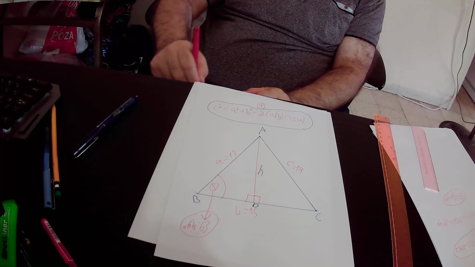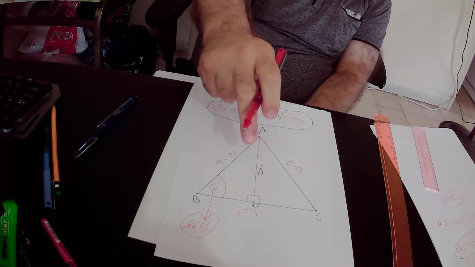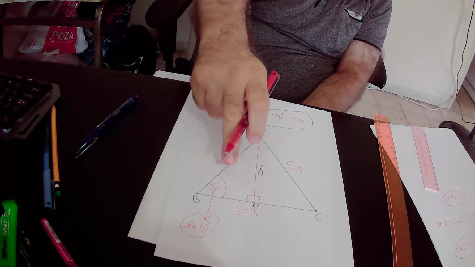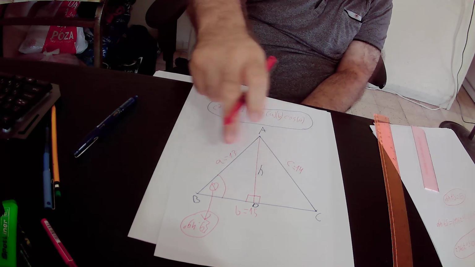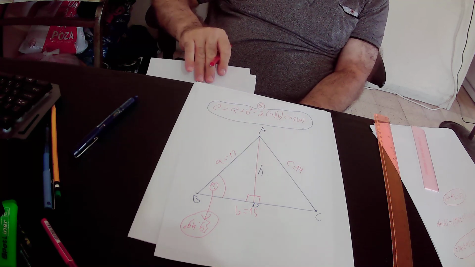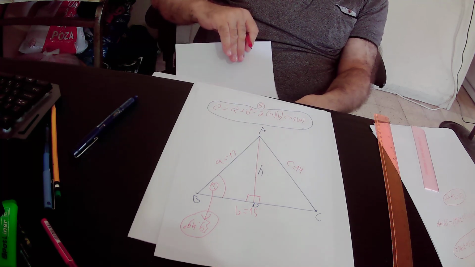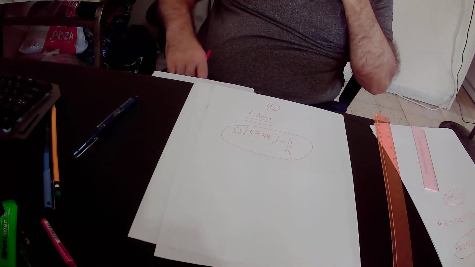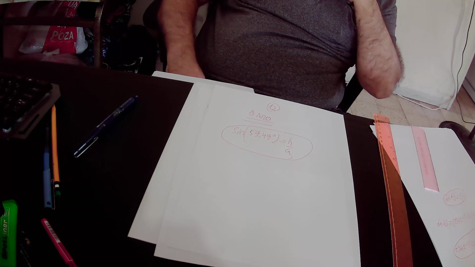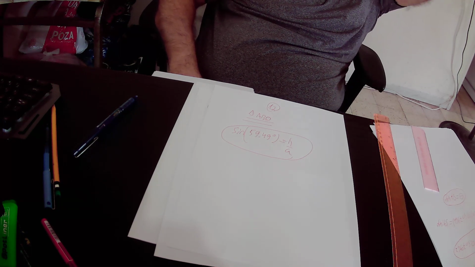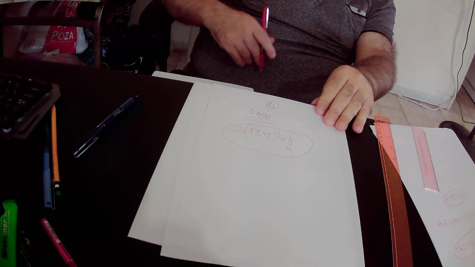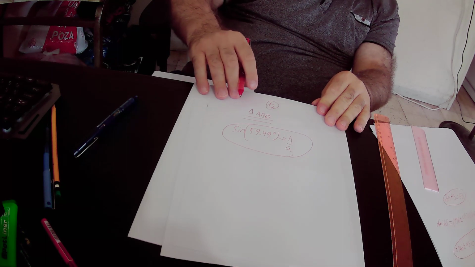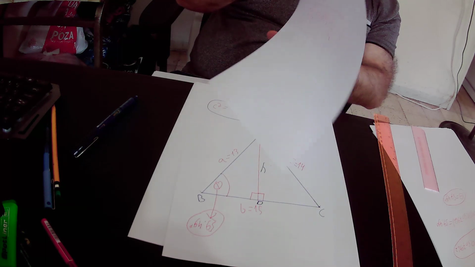Okay, so in the right triangle ABD, sinus of 59.49 degrees equals h over a. But we know that a equals 13 units, so I'll write it down.